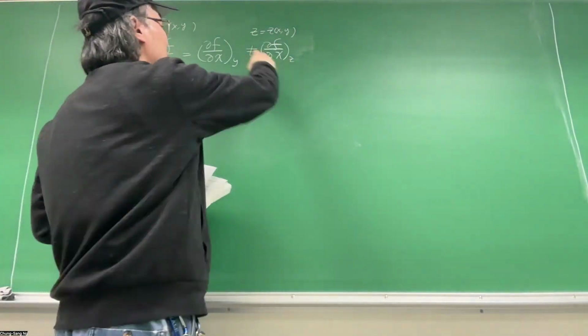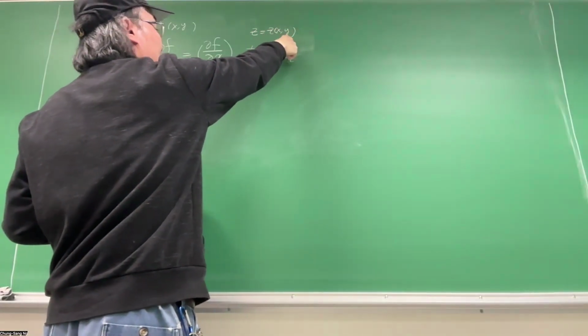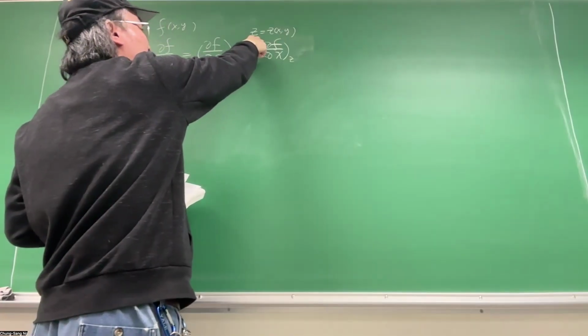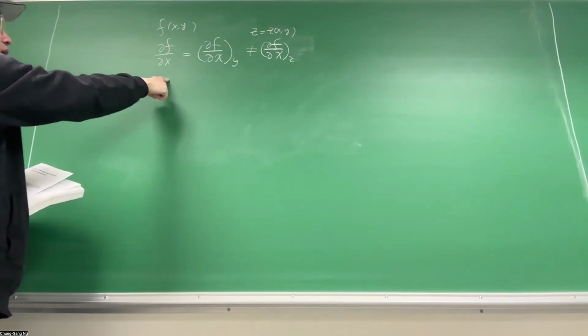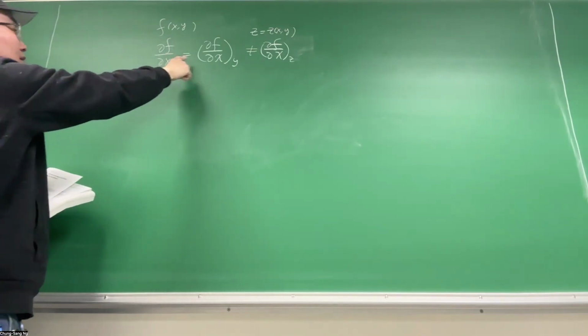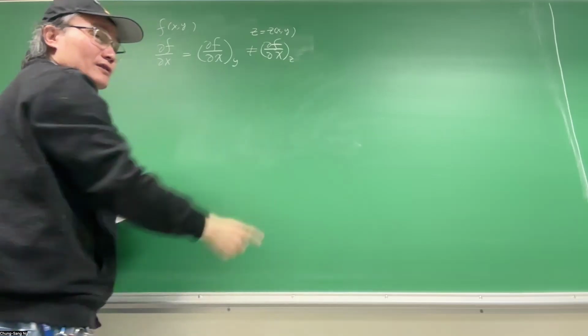You do a change of variable, introducing a new variable that depends on x and y, and you use that as your variable. Although you are still writing partial f partial x, in one situation that's keeping y constant, in the other keeping z constant.